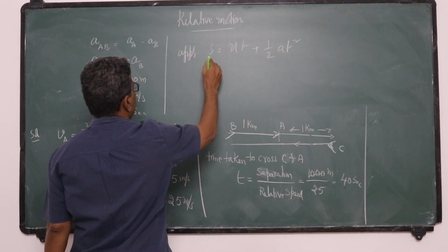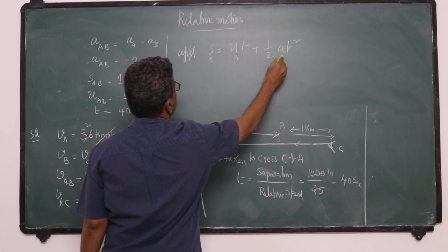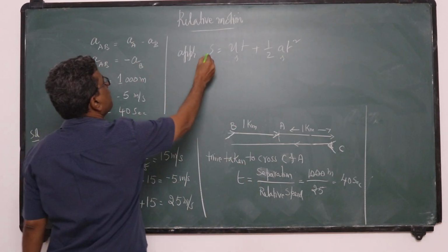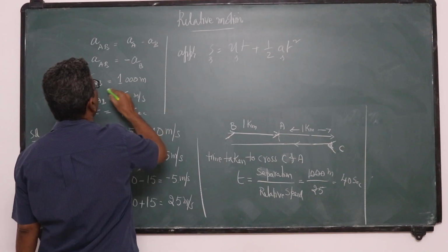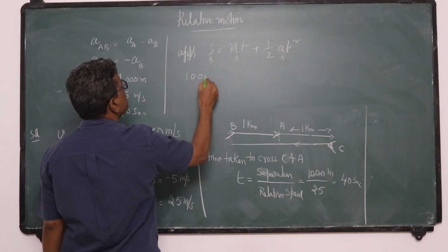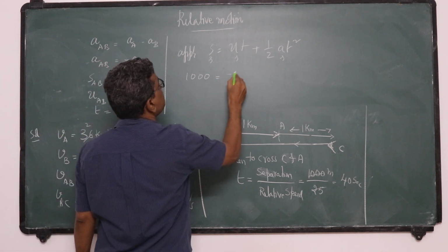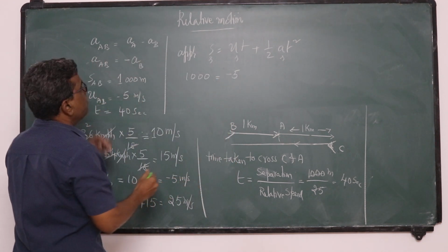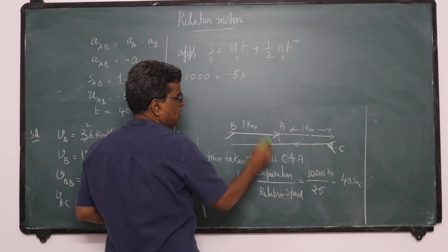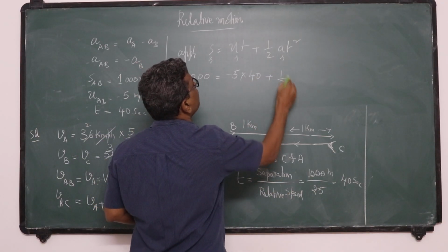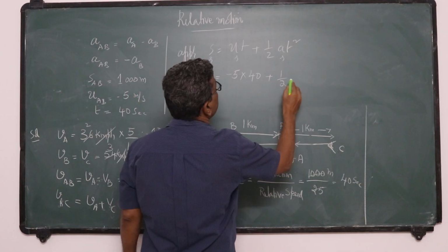So I am using the relative concept. What is the relative separation? Relative separation is 1000 meters. What is the initial relative velocity? Minus 5. Minus 5 into t, which is 40, plus half. What is the relative acceleration?